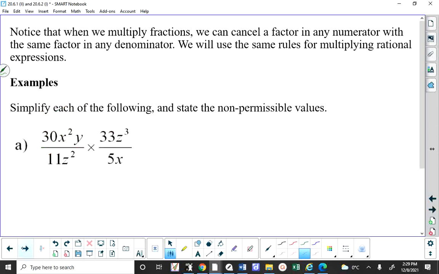So how do you multiply rational expressions? You cancel common factors on the top and bottom. And it doesn't matter whether it's the top of the first fraction or top of the second, with the bottom of the first or bottom of the second.